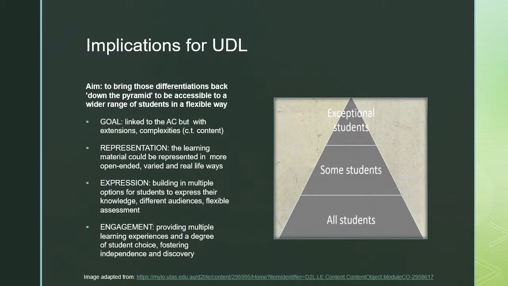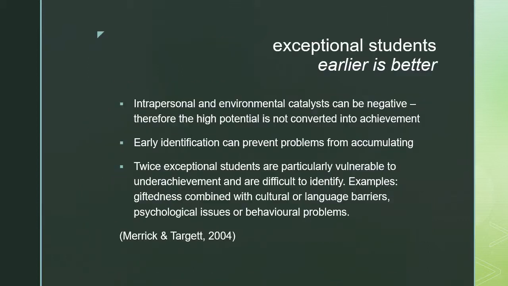We can build in more challenging ways for the student to express their learning achievement. And finally, provide multiple learning experiences, some of which are more self-directed, some of which require students to make more higher order thinking decisions.